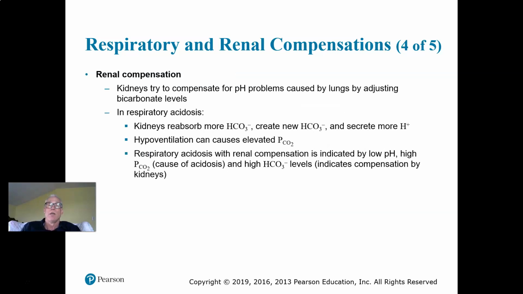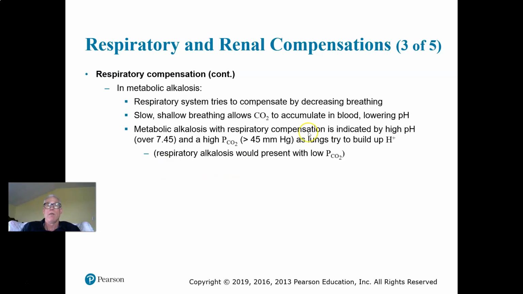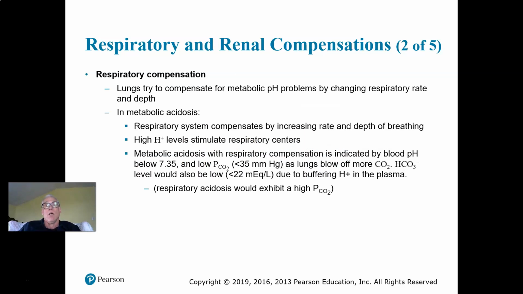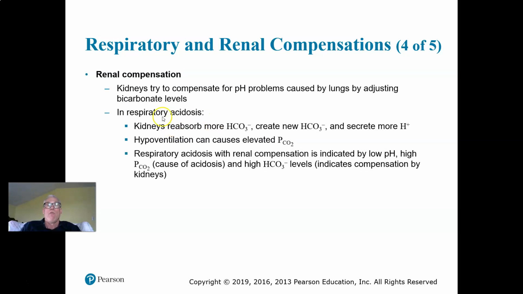Renal compensation. You saw I snuck in a little statement at the bottom of these previous two states, which basically explains what renal compensation might look like. If we have a respiratory acidosis, the kidneys are going to try to compensate by creating new bicarbonate. They're going to increase the amount of bicarbonate in the blood, and then the partial pressure of CO2 will be high.